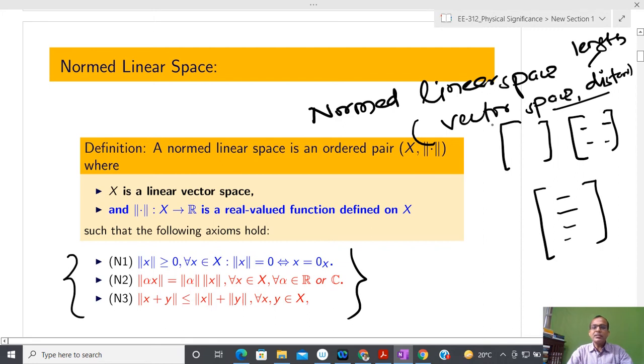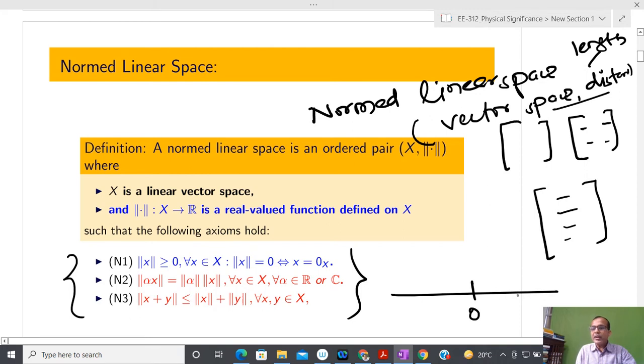I have three axioms. If the three axioms are satisfied, then that is called a norm, and norm is nothing but the notion of distance. If you see carefully, the notion of distance comes from the generalization of the notion in one dimensional space.